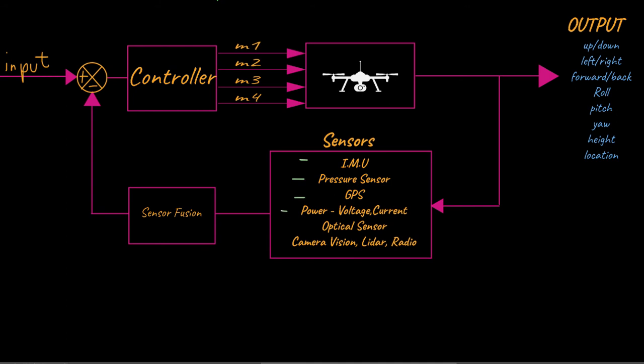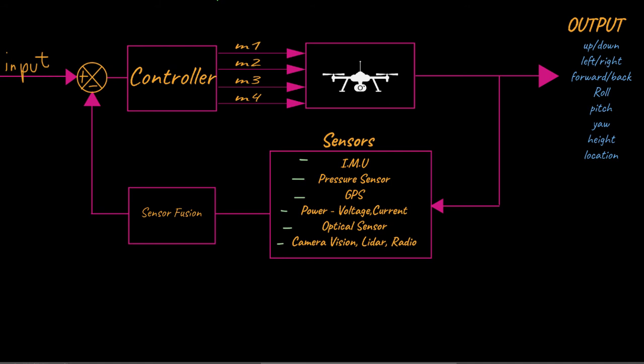If you can measure the power and voltage, you can measure the energy of how much power it's consuming. You can also measure the speed of the motor through the voltage and current from the electrical input of the motor. Optical sensors, so that you can measure the speed of the propeller blades.